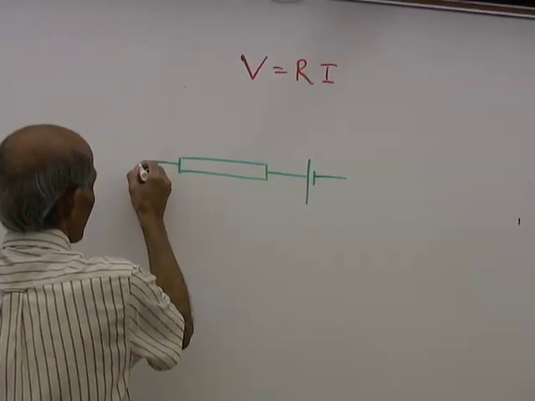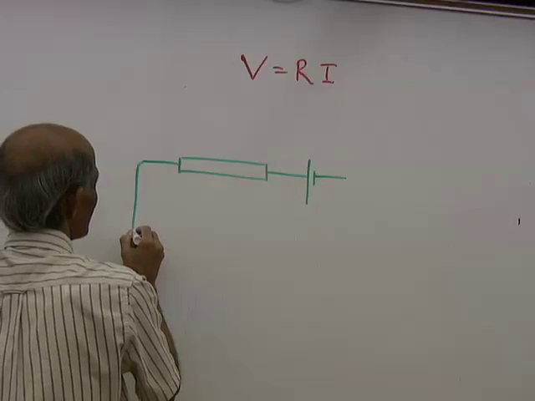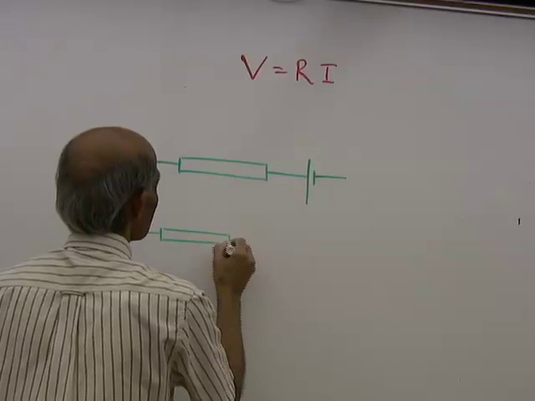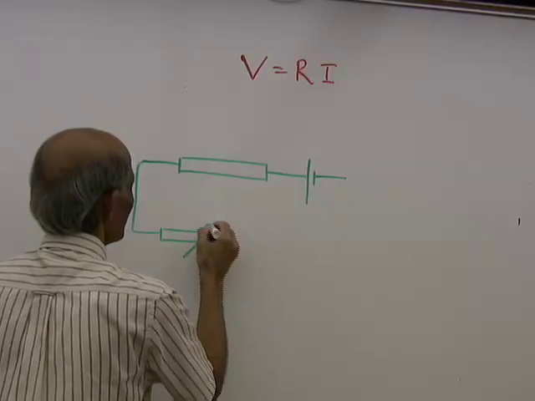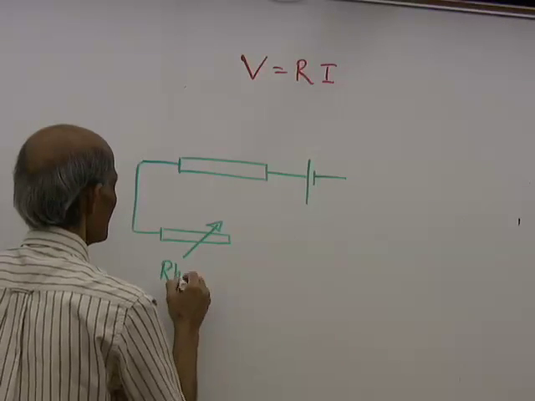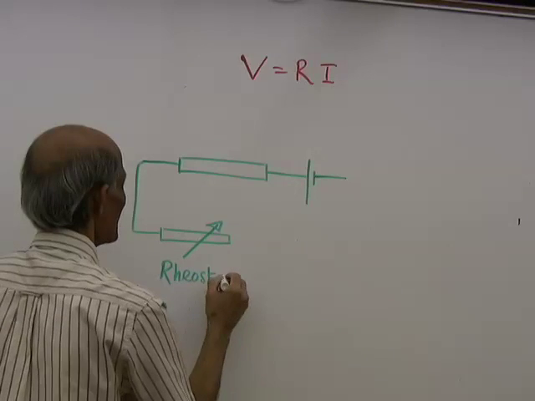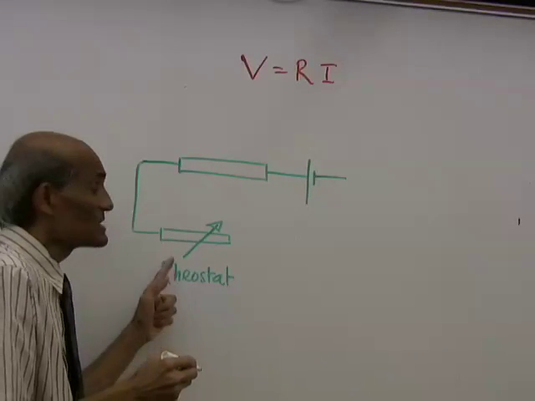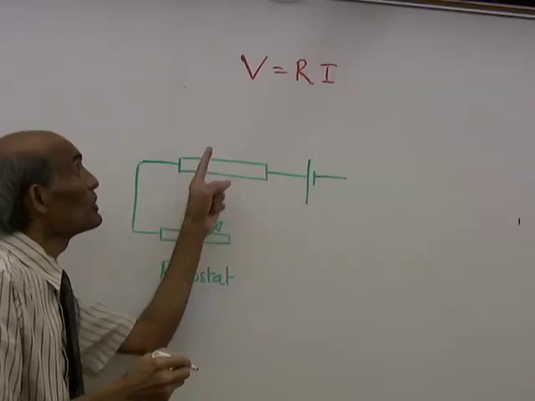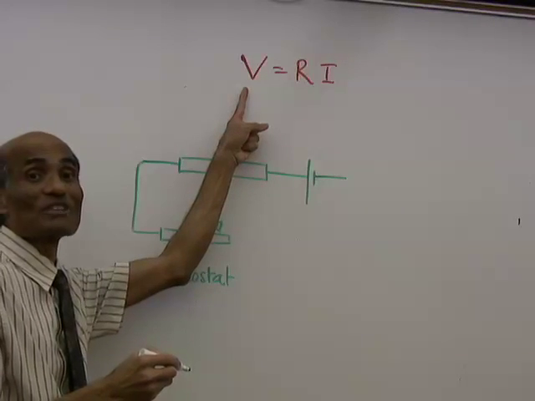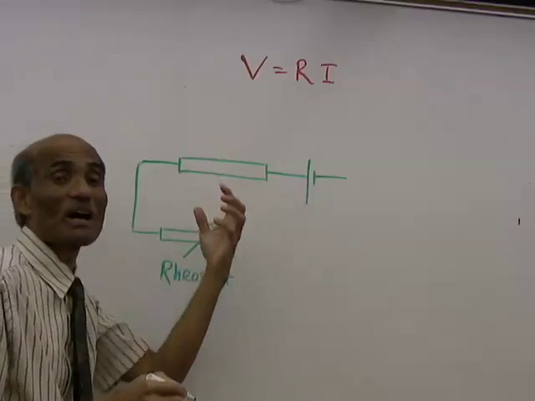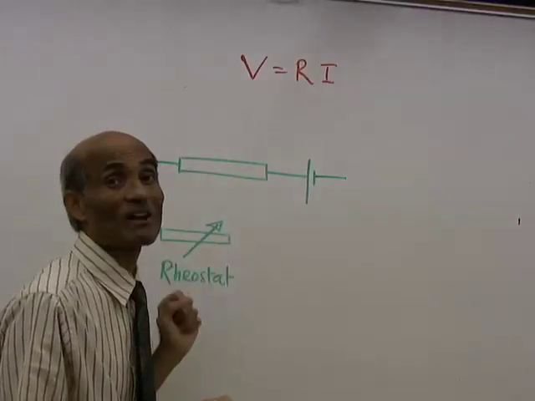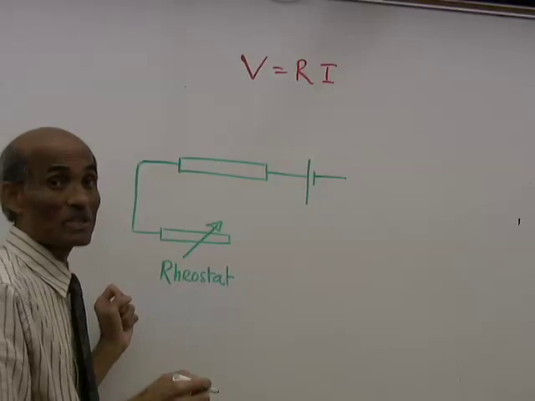And from the other end of the conductor, I'm going to use what is called a variable resistor. A variable resistor is also known as a rheostat. The idea of the rheostat is by varying this, we can vary the voltage, the potential difference, so that we can measure the current I for different values of V. That's a rheostat.